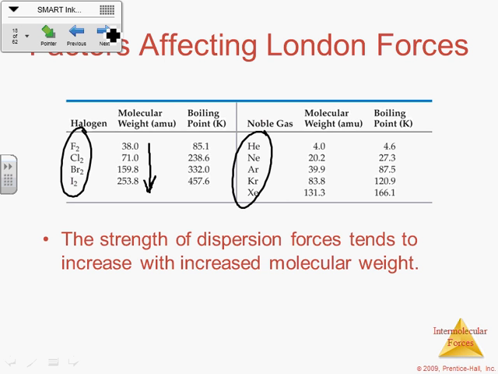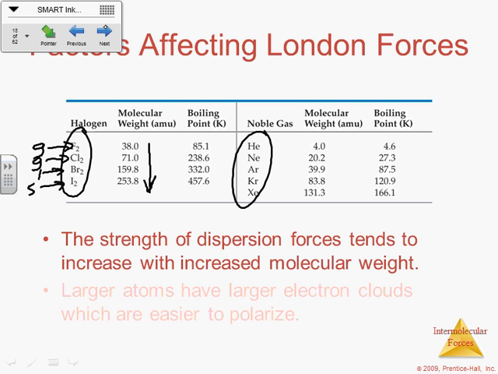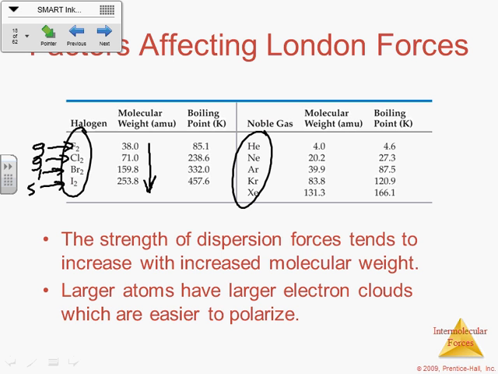These London dispersion forces explain why, if you look on the periodic table, fluorine is a gas at room temperature, chlorine is a gas at room temperature, bromine is a liquid, and iodine is a solid at room temperature, because those forces get stronger and stronger. And the reason, again, is that larger atoms have larger electron clouds, which are easier to polarize.